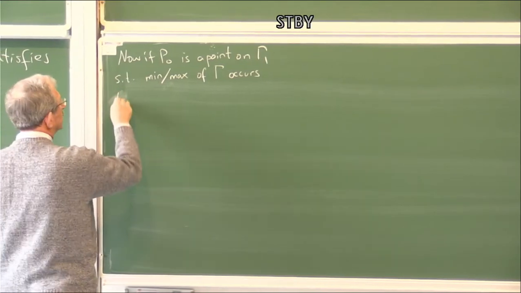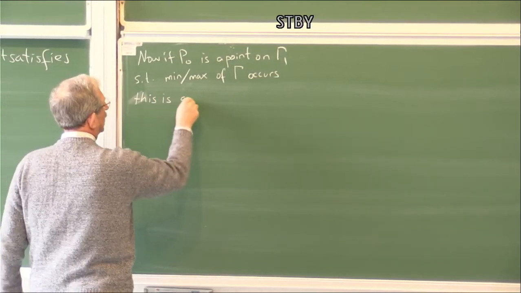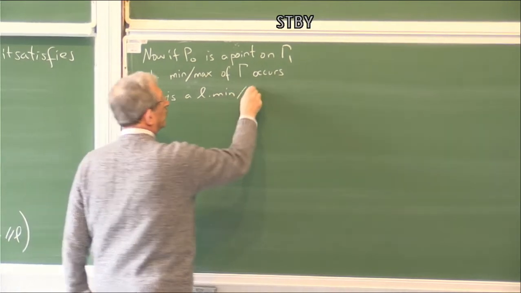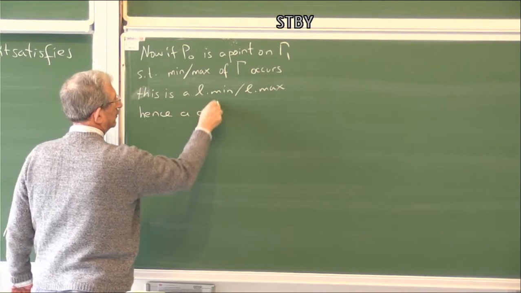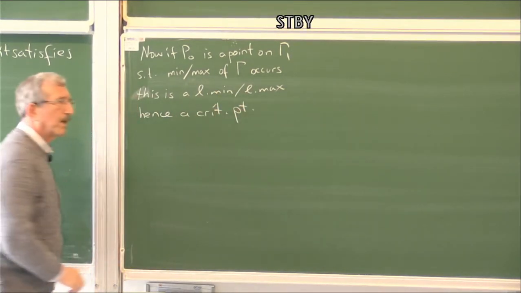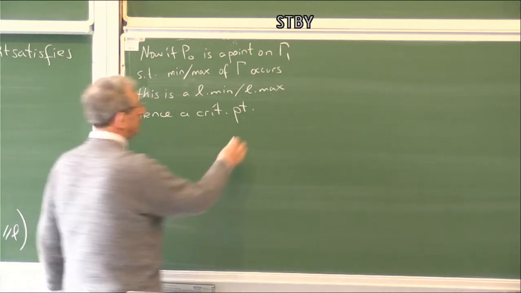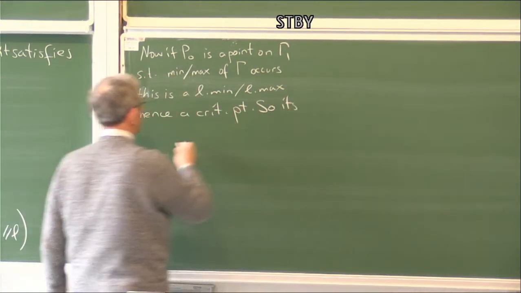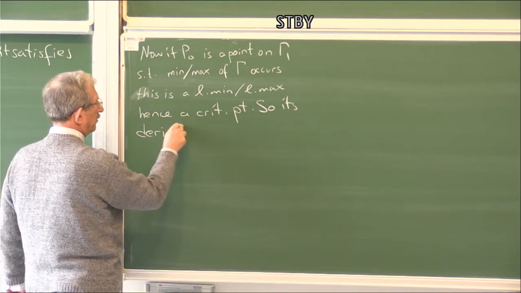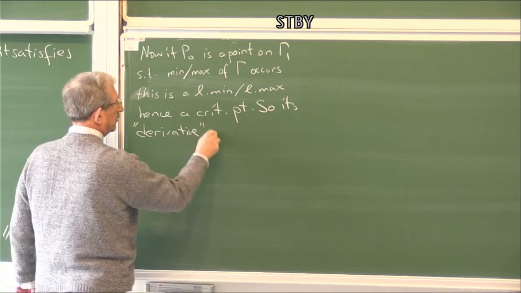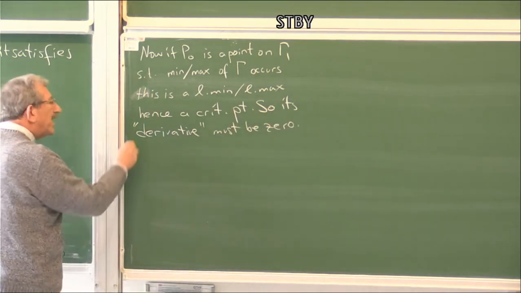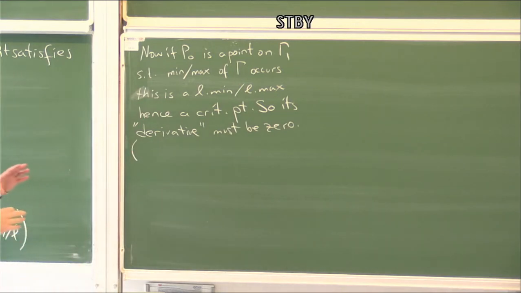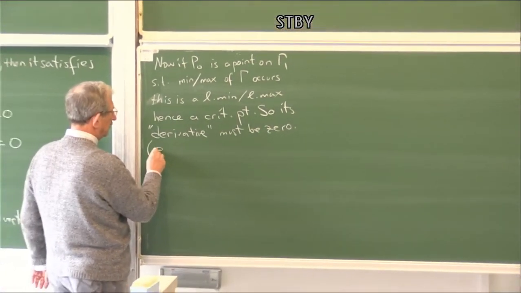Assuming there are no corners, this is a local minimum or local maximum, hence a critical point. So its derivative must be 0. In other words, its tangent must be parallel to the xy plane.